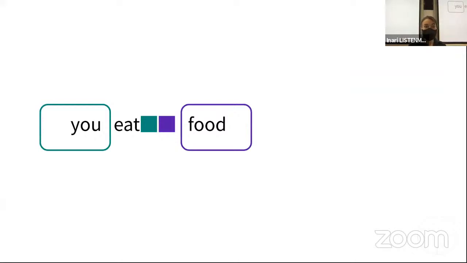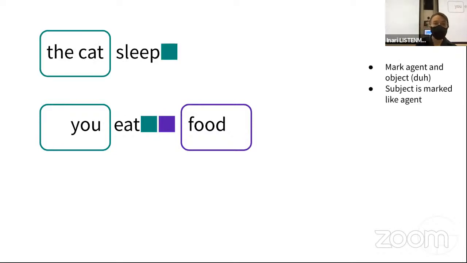Okay, so let's just introduce the problem. We mark both the agent and the object. The actual English doesn't really do justice to this, so just imagine that the colorful squares are some kind of morpheme. The green square marks the agent and purple marks the patient, object, whatever.